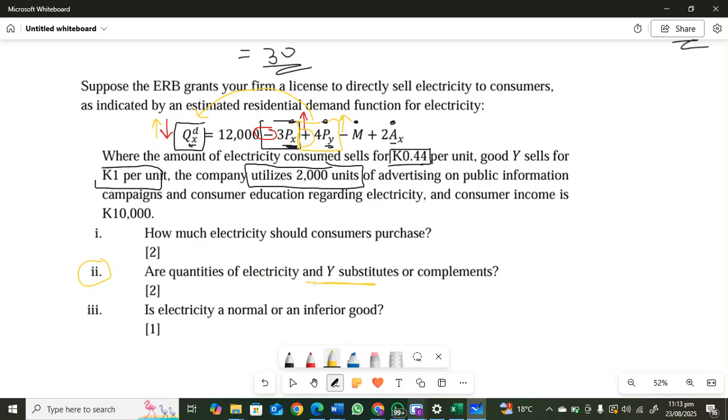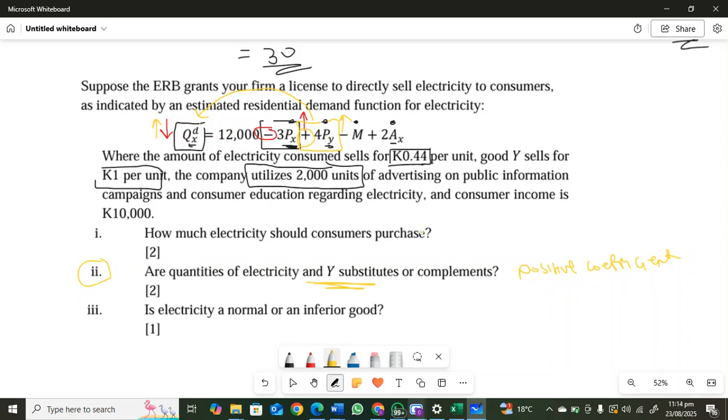Electricity and good Y are substitutes. Why? Because of this positive coefficient. Due to the positive coefficient, it tells us there's a positive relationship between the price of good Y and electricity.